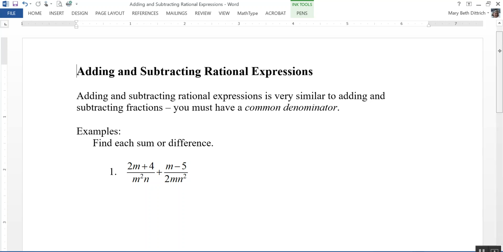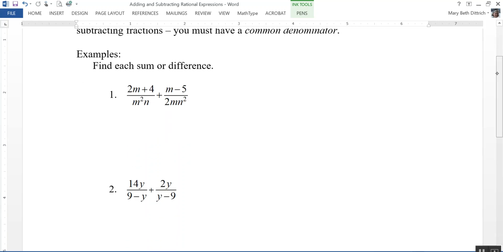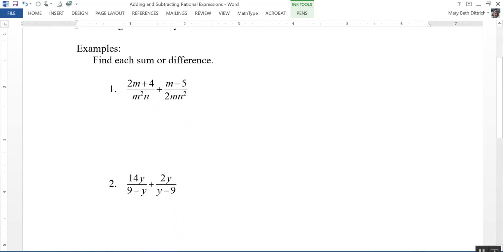So my first example is 2m plus 4 over m squared n, plus m minus 5 over 2m n squared. Let's start by figuring out what my common denominator should be. My least common denominator is going to be the greatest number of times that each of those factors appears. I'm noticing I have a 2, I have m, and I have n.